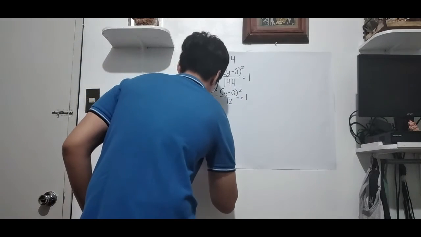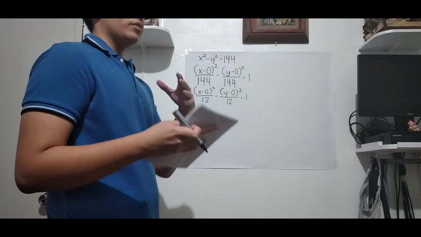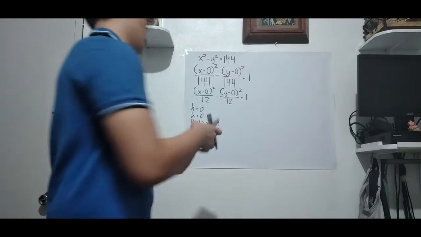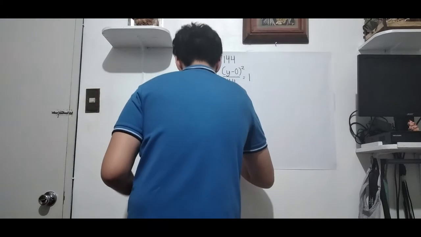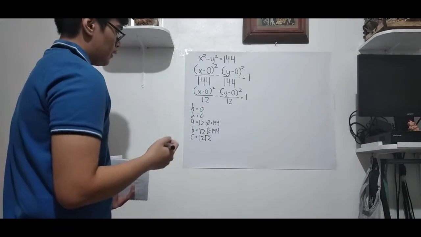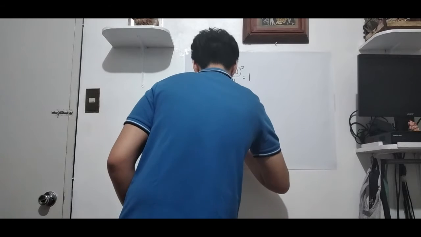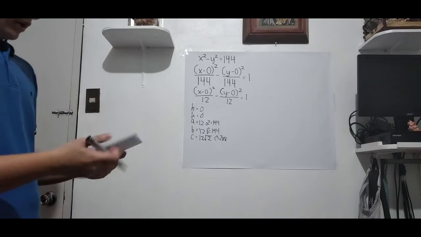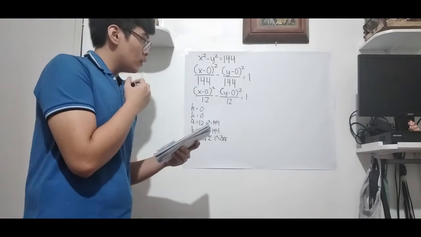Our c would be the square root of 288, I'm sorry, would be 12 square root of 2. So c is equal to 12 square root of 2. Then our c squared would be 288. There. Then you can now get the properties.